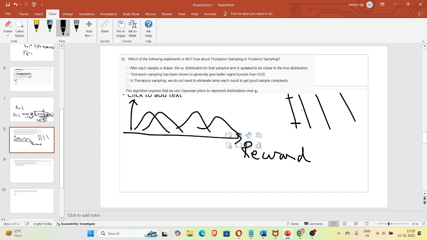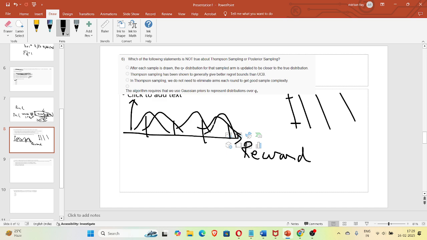So this uncertainty is represented by the distribution here. In Thompson sampling, after we sample from this, the one we get as the best sample, we narrow it down and make a better estimation from that.